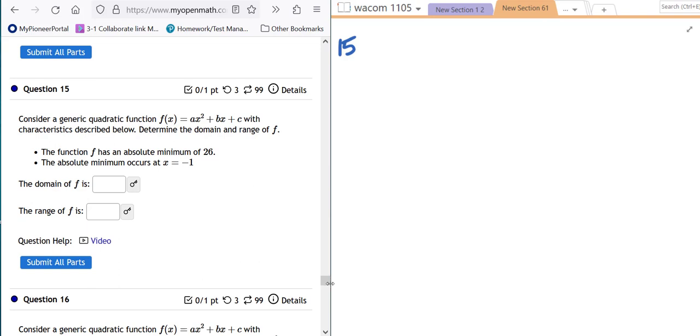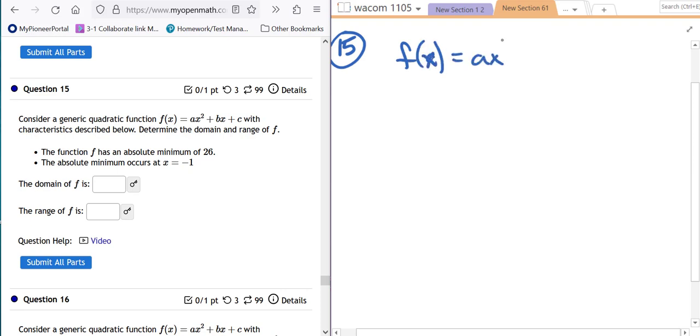This one's just asking it a little bit different. It's making sure that you understand what all these things mean. It's giving you a general function. It's not giving you any numbers. And these are the characteristics. It has an absolute minimum. So that is the lowest point.